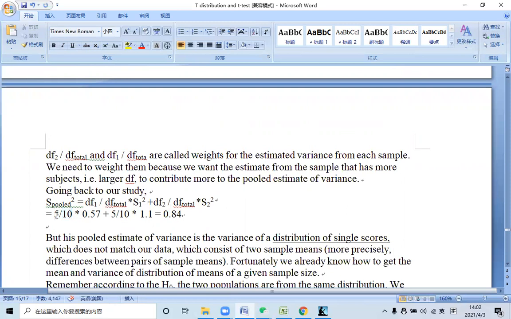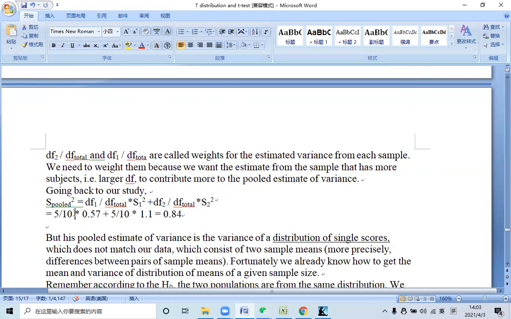Sample 1, you have 6 people. 6 people minus 1, that's 5 degrees of freedom. How about sample 2? Sample 2, you also got 6 people, and degree of freedom is also 5. And the total degree of freedom is the sum of the two groups, 5 plus 5, that's 10.